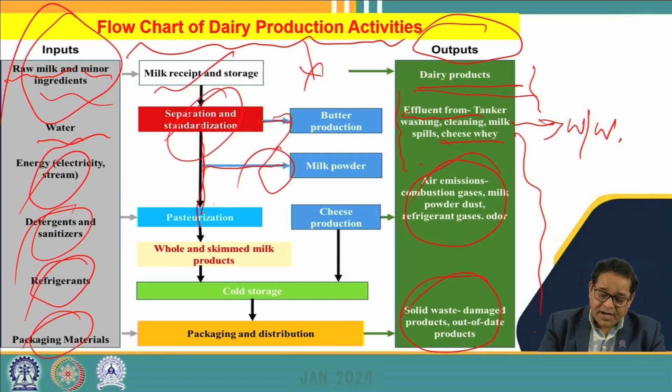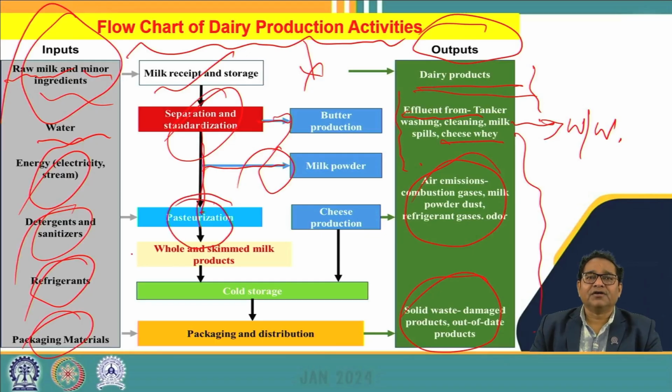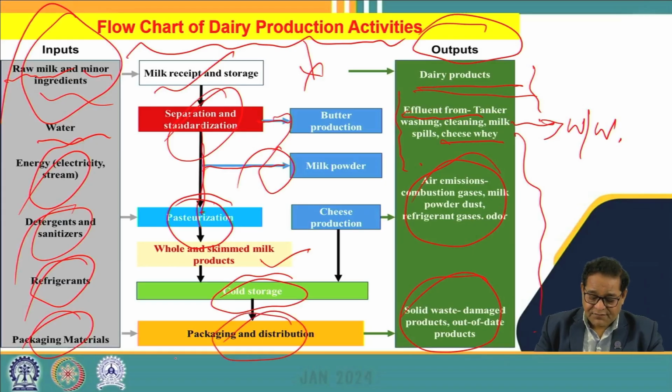After that, the rest of the portion goes to pasteurization, so the total milk is pasteurized at a higher temperature so that the milk is disinfected against microbial populations, viruses, bacteria. And then after pasteurization, the milk is sent for producing the whole and skimmed milk products. And then after producing these products, they are stored in the cold storage, from where they are taken for packaging and distribution.